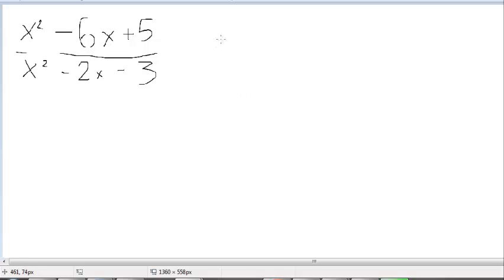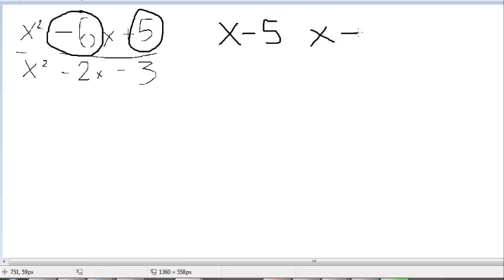The top piece we need to factor, so we need a number that multiplies to 5 and adds to -6. Two numbers that come to mind are x minus 5 and x minus 1. So there's our top piece factored.